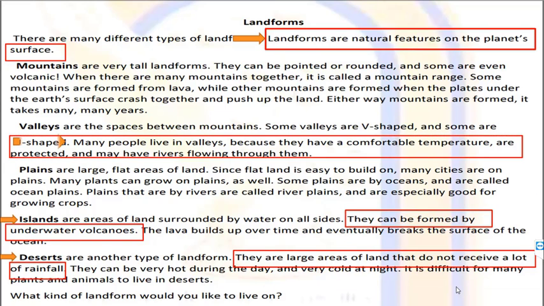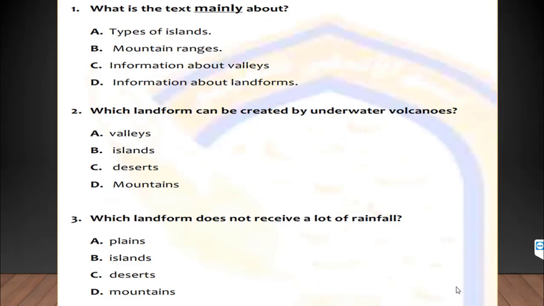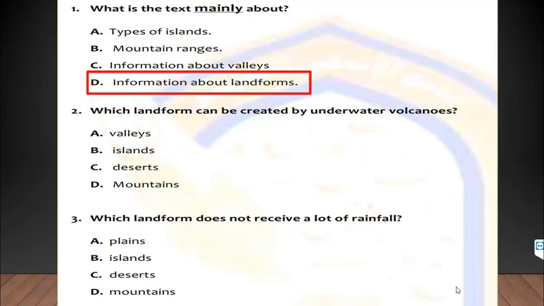I'm just underlining the answer so as to help you skim and scan the text. The first question is what the text is mainly about. The text is mainly about information about the landforms.